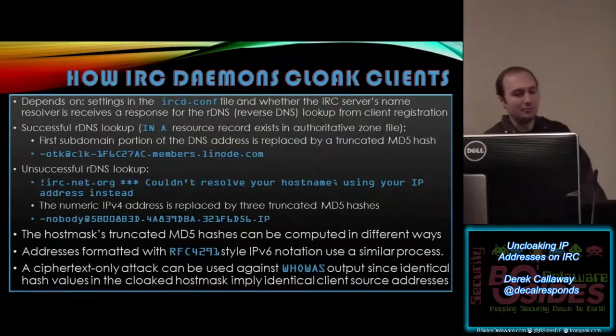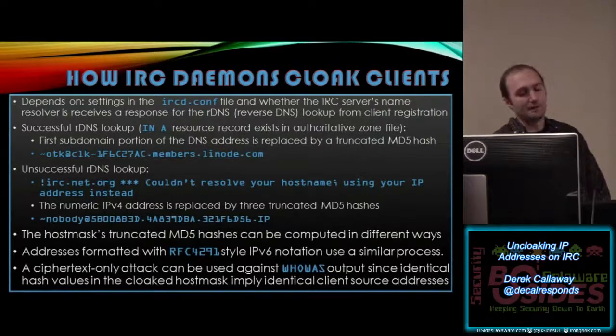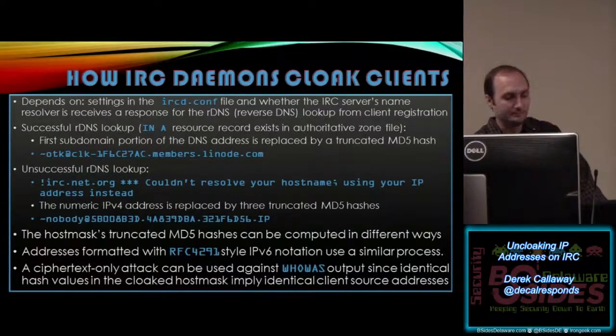Or if it's a numeric IP address, it'll just make the whole thing MD5 hashes, as you can see in the highlighted blue text there. And the IPv6 notation is cloaked in a similar manner.